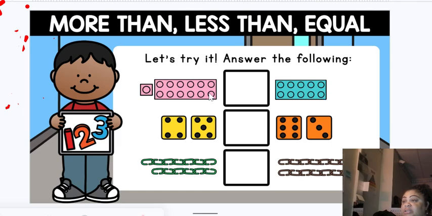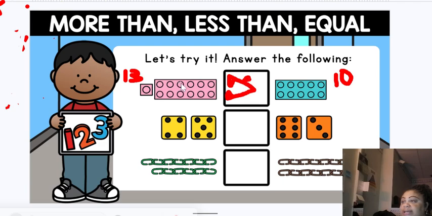Okay, so it's 13 on this side and 10 on this side. So which one is the bigger number? That's where the alligator is going to eat the bigger number.